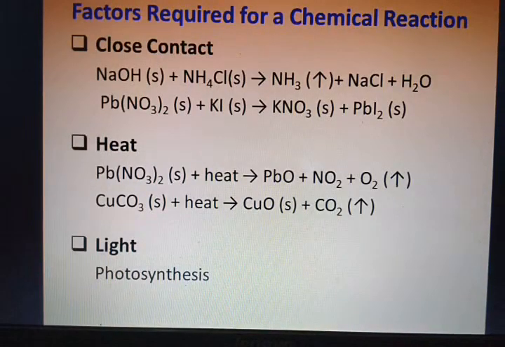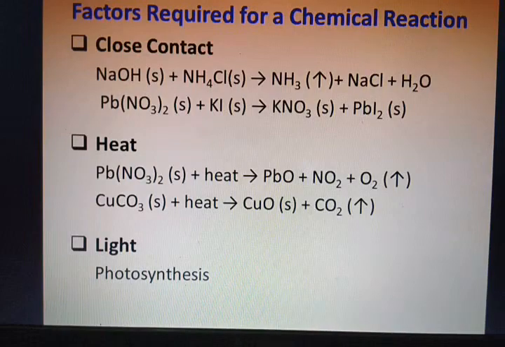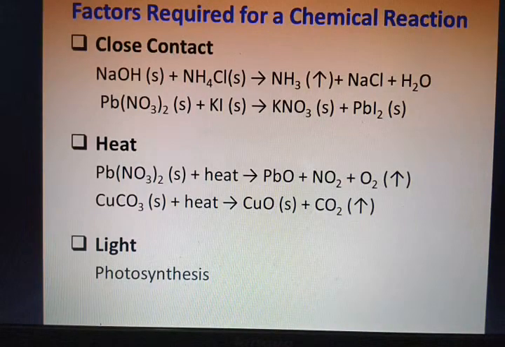One is which factors are required for a chemical reaction, without which it will not take place. The other is the features and properties of a chemical reaction. So let's start with the factors, that is, how a chemical reaction starts.